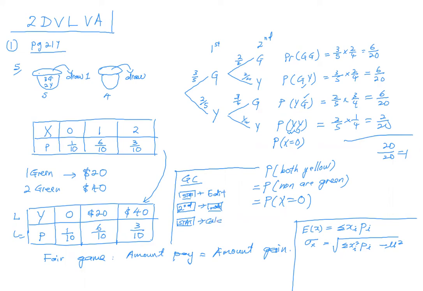Then you select number one var stat. L1, L2, calculate. So you got the mean equal to 24 and your standard deviation is 12.